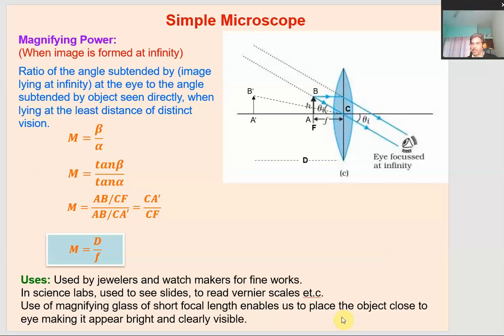Because we have to keep our eye close to the lens, we are placing the object close to the eye, which makes the object bright enough and clearly visible. So these are some uses which we are summing up here.